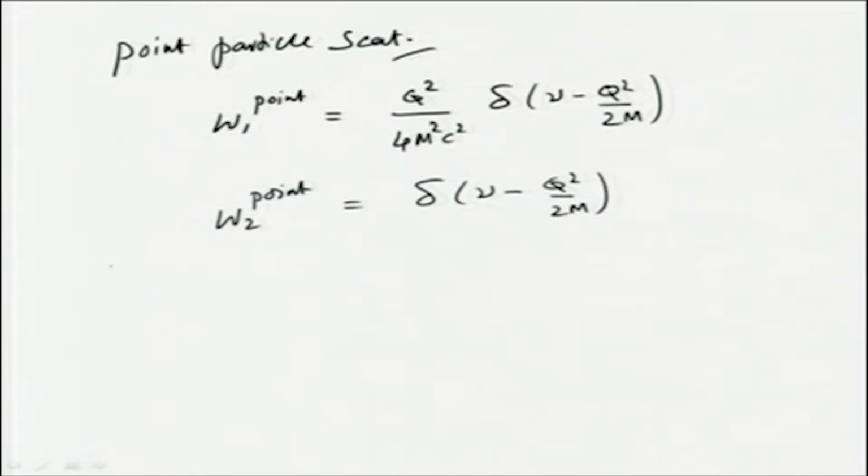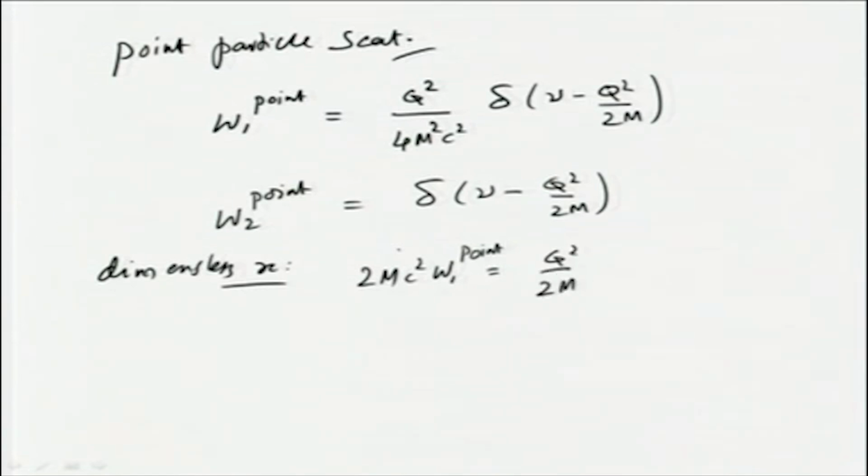In terms of the dimensionless quantity, mc² W₁ point is equal to q²/2mν δ(1 − q²/2mν).